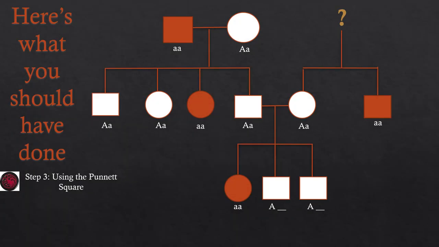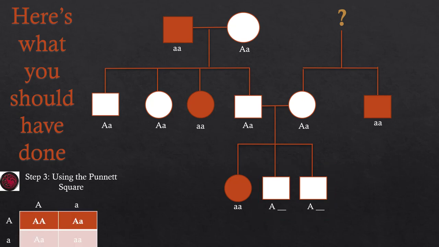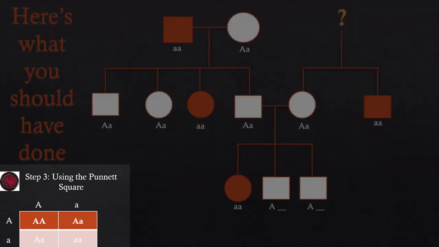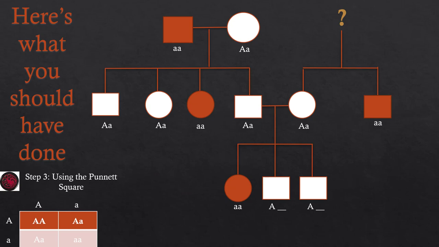All right, we're almost done. So we have 2 grandkids who need to have their last allele determined, but because both parents are heterozygous, we're going to have to use a Punnett square to do that. So we're going to split up the alleles and we're going to drop and slide, and we get a very similar kind of pattern. We know that these 2 grandsons don't have little a because they don't show the recessive trait.